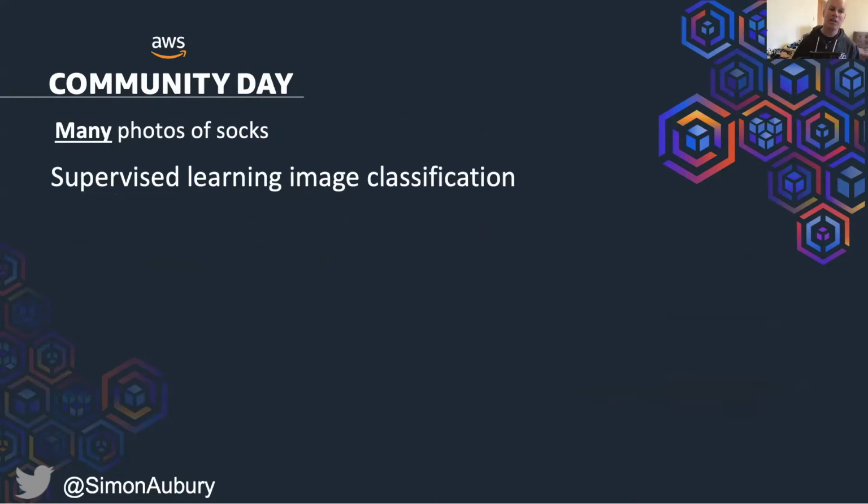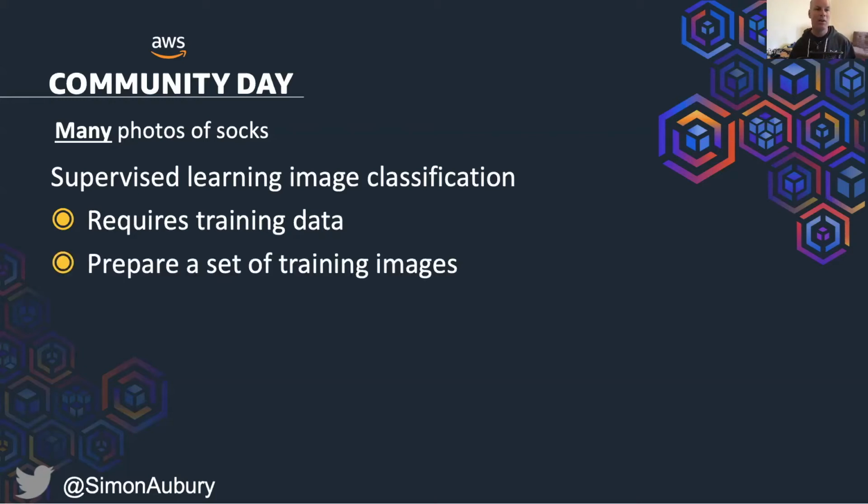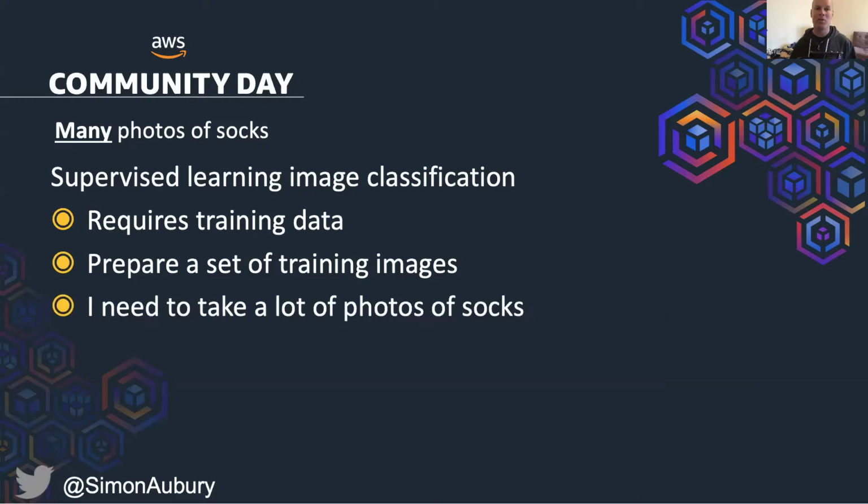Now, I need to firstly build out a classifier model to actually deploy onto the DeepLens so it can actually identify socks in the wild. And for that, I need to get myself some training data and prepare that training data so I can teach a model to run classification of socks. Now, to prepare that training set, I really need to take photos of socks. In fact, I need to take many photos of socks.